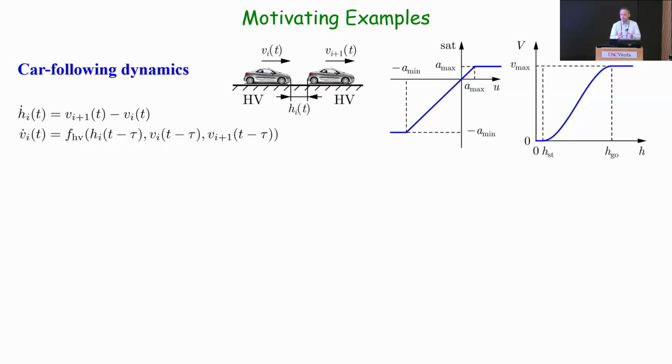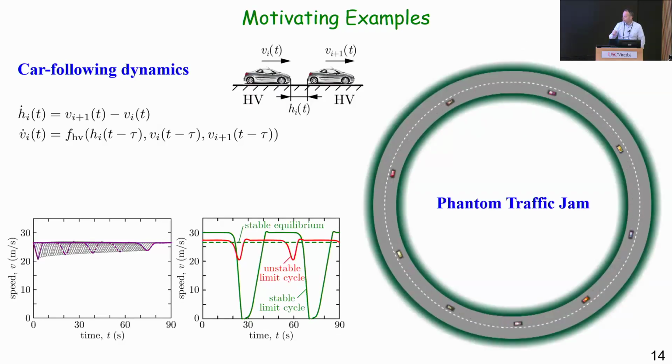And then the nonlinearity, that these human models are actually nonlinear. And then you find something very interesting, what we call a phantom traffic jam. If you run, for example, some simulations or collect some data, what you will see is that sometimes a vehicle makes some braking, but then eventually the system recovers.